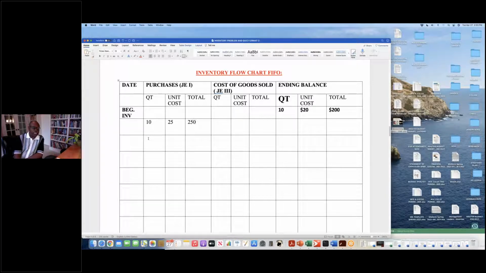Then we got 10 at 30, that's 300. And whenever we buy something, we take it over to the ending balance to show what we have. So this is how we stand now.